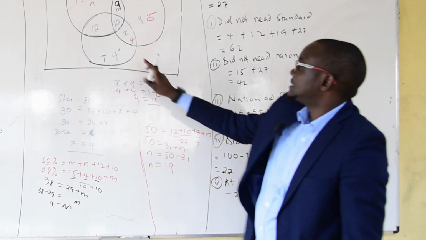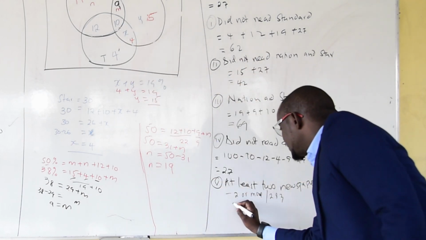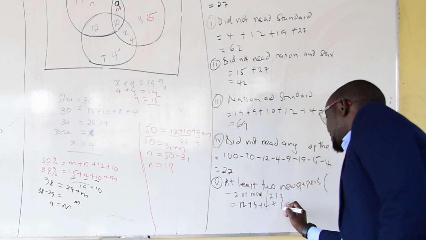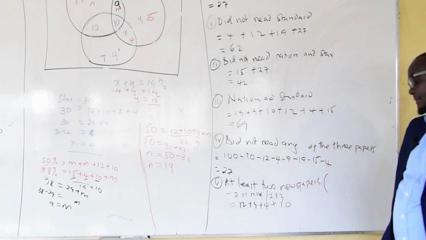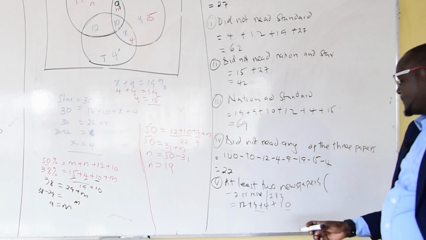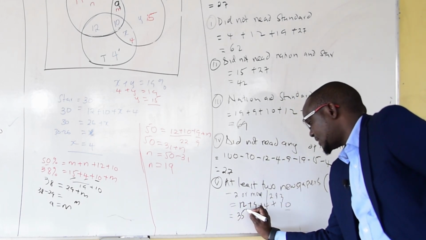So 2 papers is 12 plus 9 plus 4, then plus 10. So we know this is 13 plus this 23. 23 plus 12. That is 35.